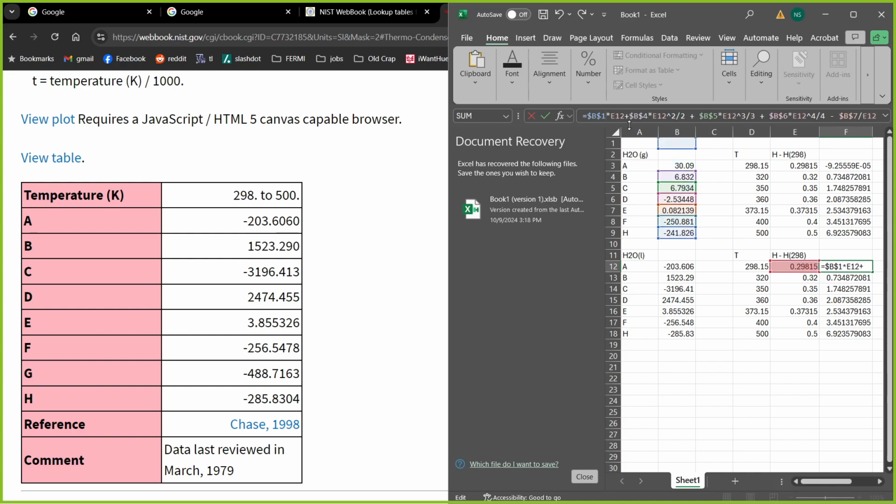So that's going to be B12, B13, B14, B15, B16, B17, B18. Okay. And then propagate that list down.